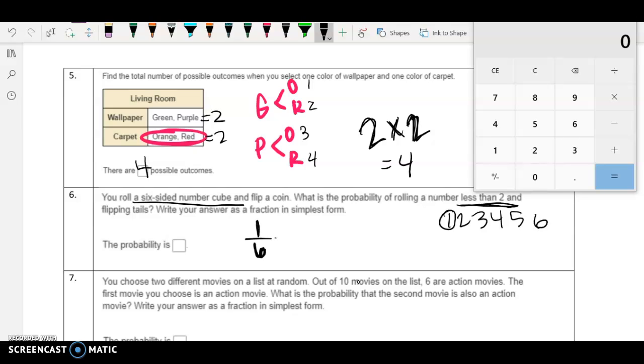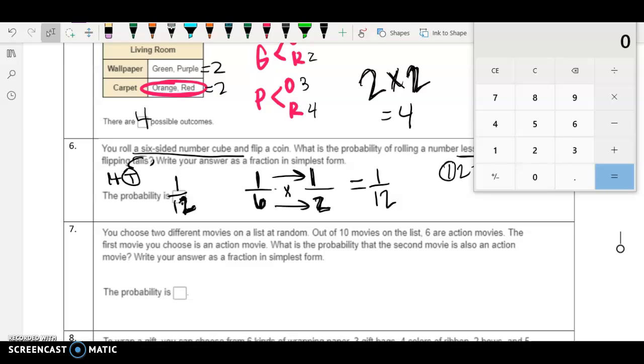So I have one option. Times, on a coin, I have 2 sides, heads or tails, and I want to flip a tail, so it's 1 out of 2 options. So I'm going to multiply straight across, and I get 1 times 1 is 1, 6 times 2 is 12. So 1/12 is the answer.